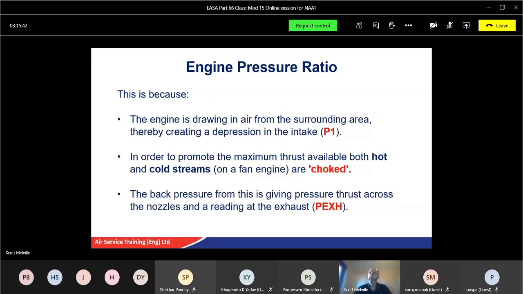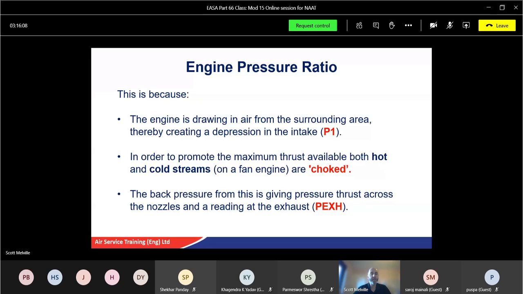Engine pressure ratio: the engine draws in air from the surrounding area, thereby creating the depression in P1 from the intake. In order to promote maximum thrust, both the hot and cold streams of a fan engine are choked, and we mix those together. The back pressure from this gives pressure thrust across the nozzles and the reading at exhaust.